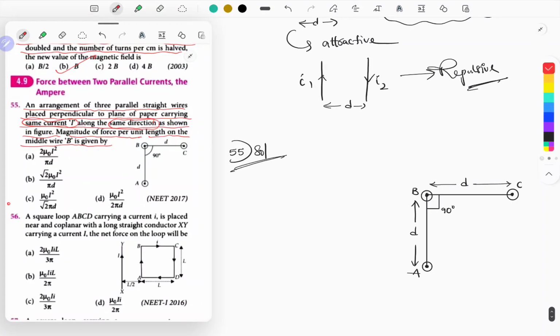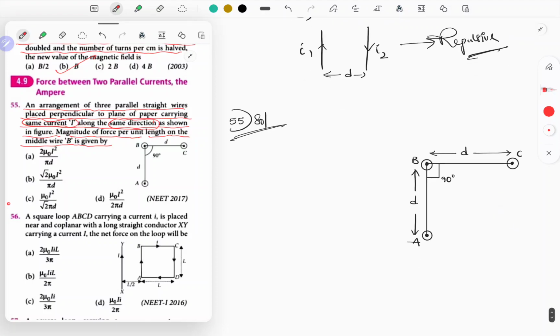If opposite direction, repulsive. Okay, then let me answer it. So currents are same, this is I and I. So force acting on B due to A is going to be attractive, so it's going to be downward.